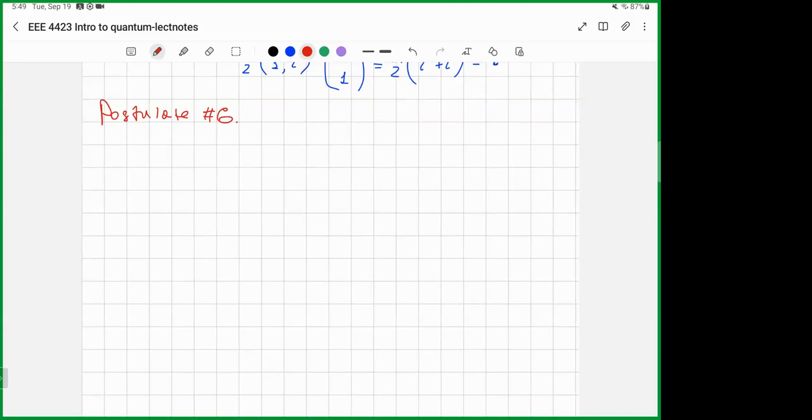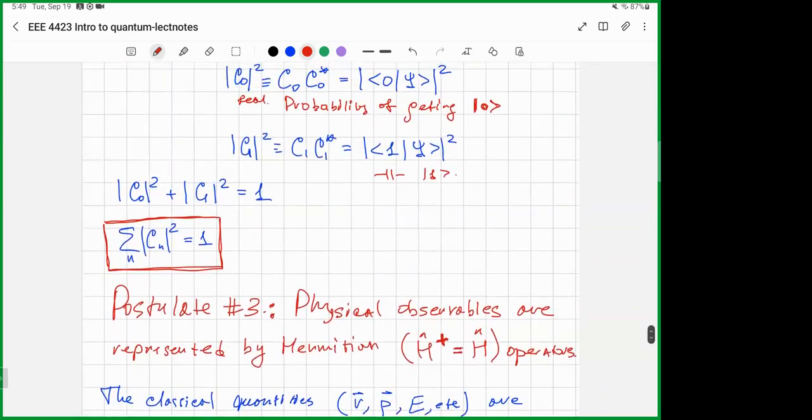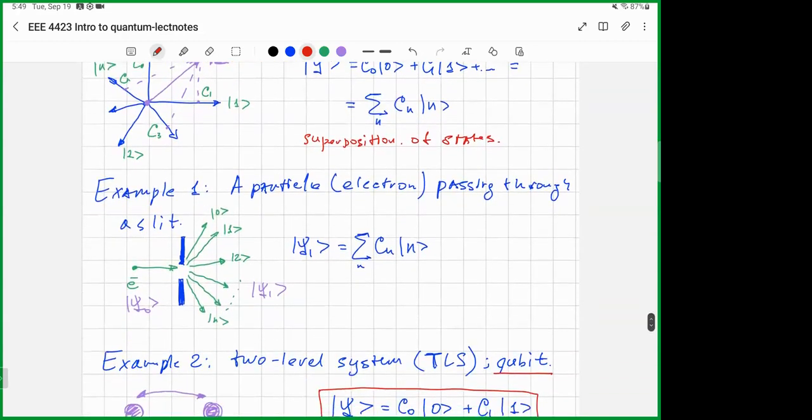If we return to this picture here, this example 1, right? When the particle passes through the slit, we know the coordinate of the slit, and we can tell approximately the position of the particle, because it's defined by the position of the slit.